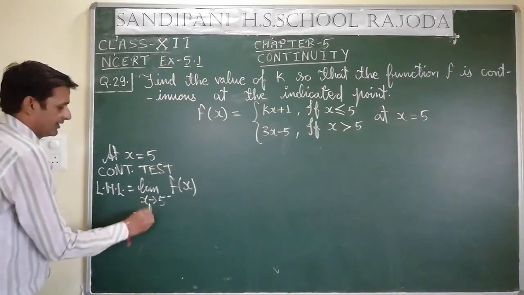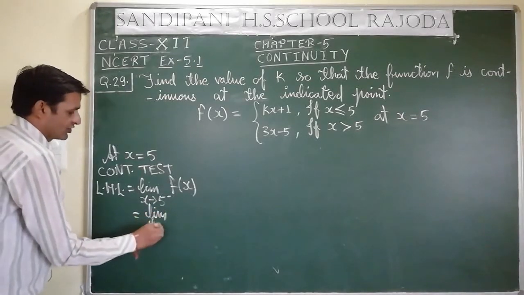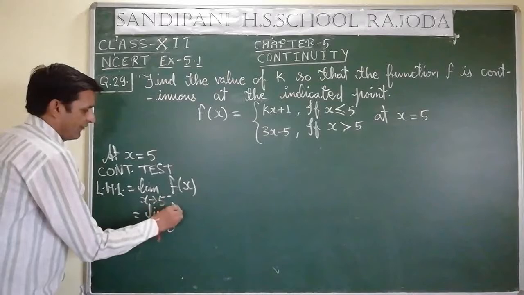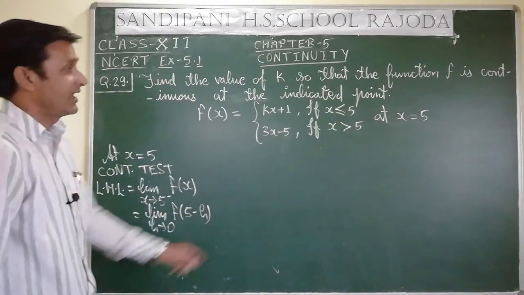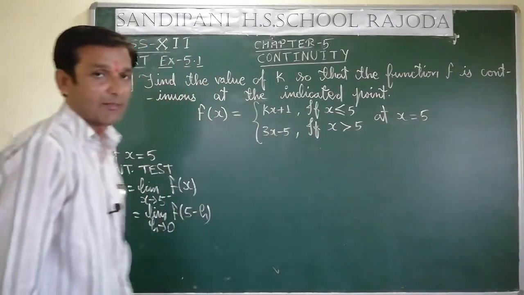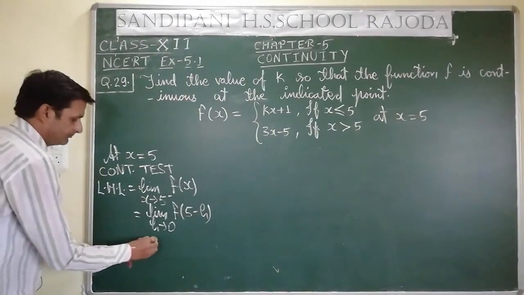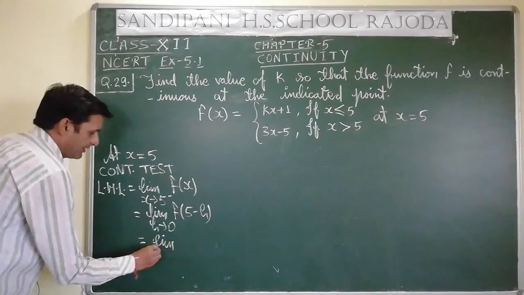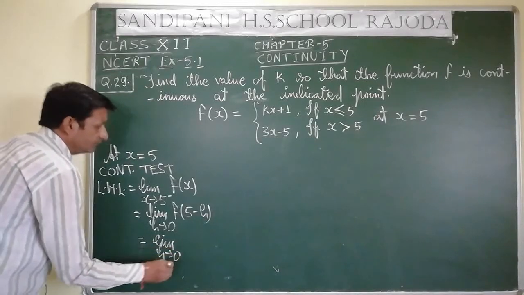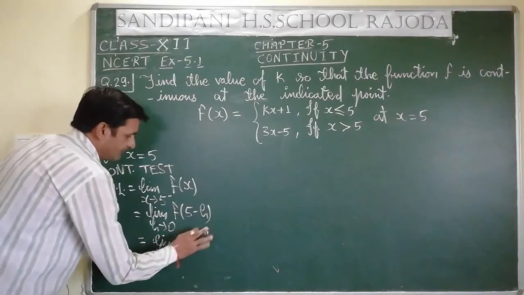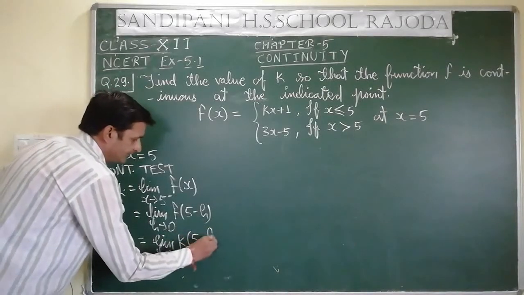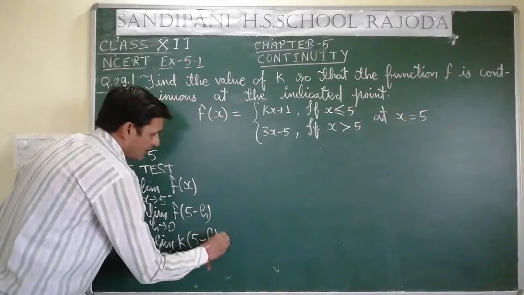It will become limit h tends to 0 f of 5 minus h, means less than 5, this part of the function will be applicable. So limit h tends to 0 k into 5 minus h plus 1.